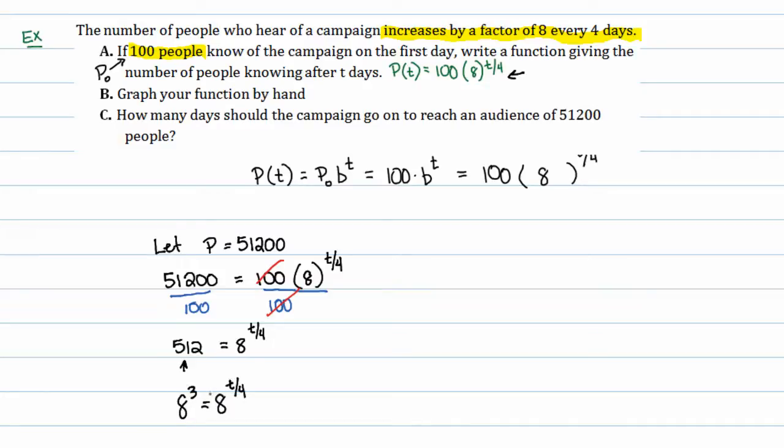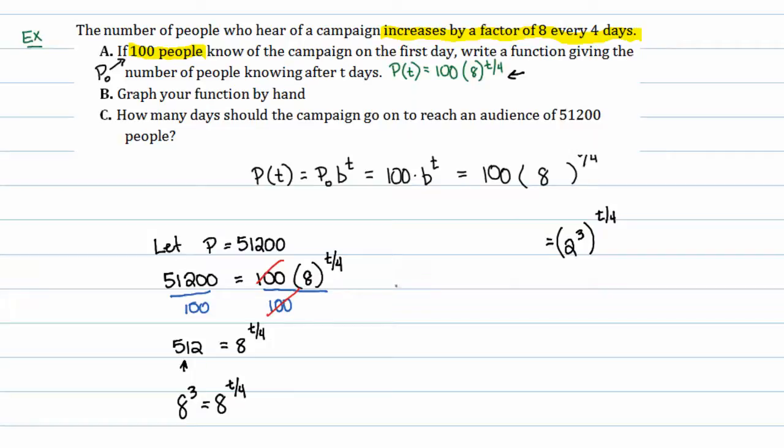Now, in a way, this problem's set up a little bit easier than I would like, because honestly, it'd be nicer if these two weren't so beautiful. It'd be nicer if we had to basically do a prime factorization on both. You can still do that. I could have said, listen, 8 is the same thing as 2 cubed.